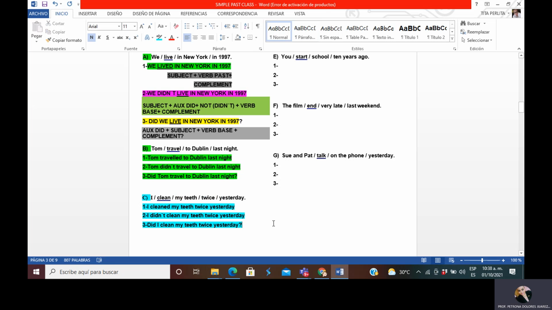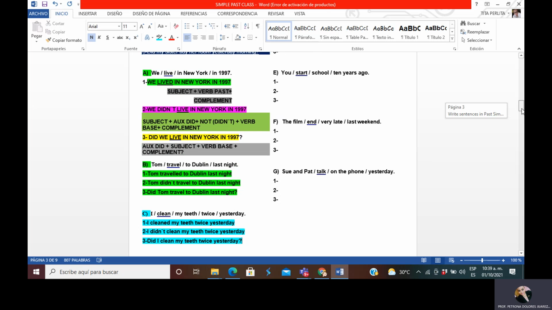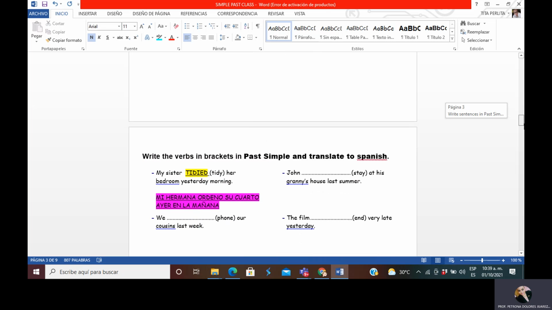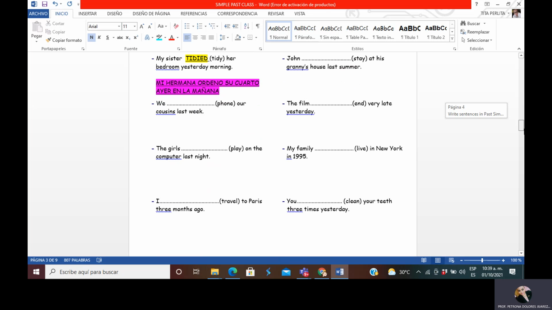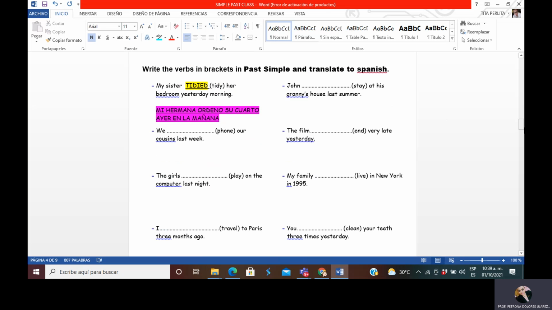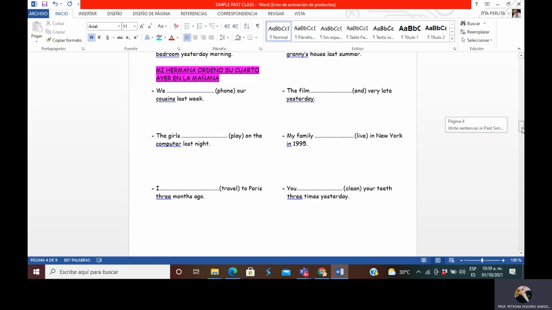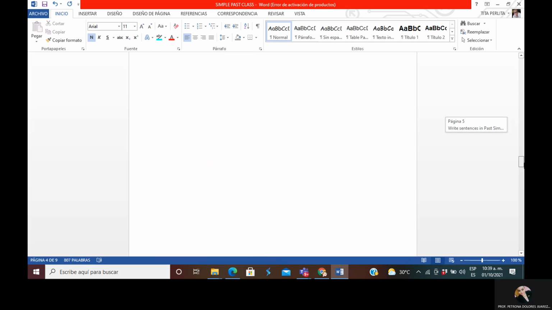Yeah? Okay. For homework, you have to follow the other sentences. In this case, what I'm going to ask you is to complete the past form of the verb and also make the translation, because I need you to notice and understand exactly what the sentences mean.